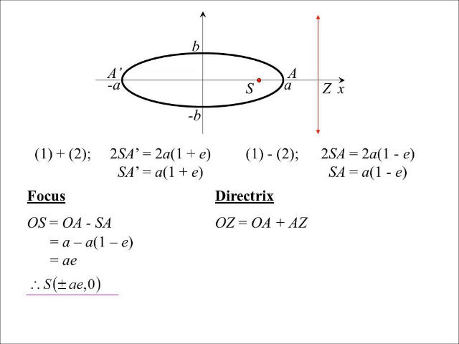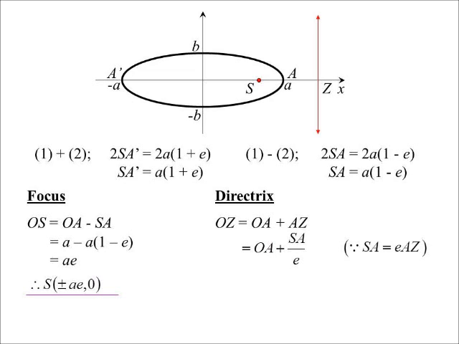All right, let's find the equation of our directrix. Well, the distance from O to Z would be OA plus AZ. So it's going to be OA plus SA on e. If I just play around with AZ, remember our definition I've used there, rearranged it to get that AZ would be SA over e.